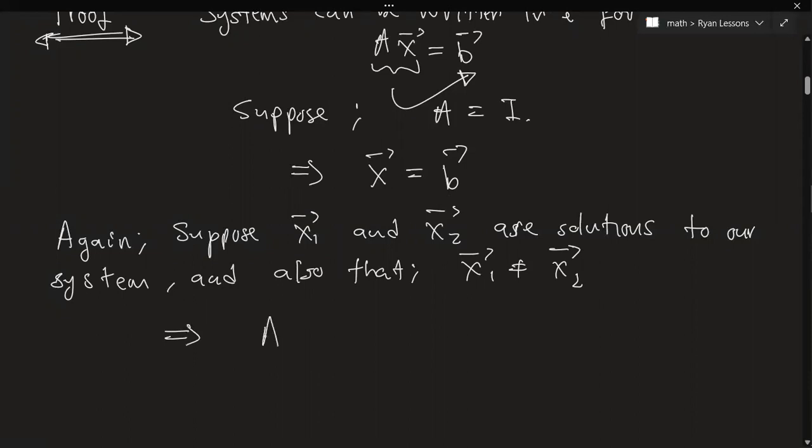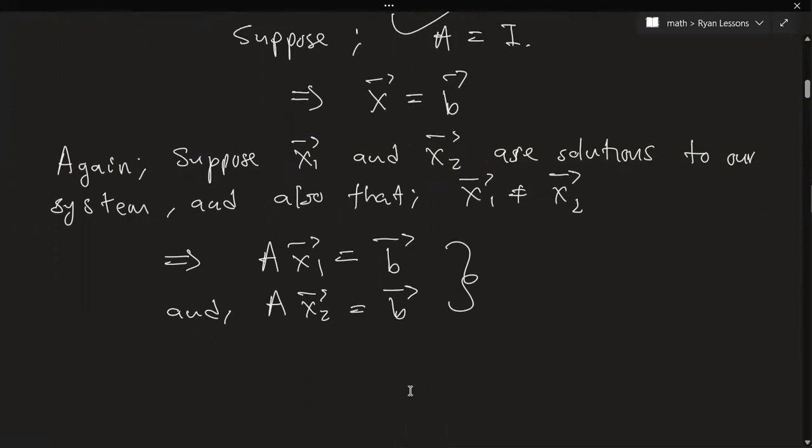So it implies that AX1 will give us B, and also AX2 will give us the vector B. That's what it means if these two are solutions. When you take matrix A and multiply it by this, you get B, and you take A and multiply it by that, you also get B, but these are not equal. So we'll keep it like that.